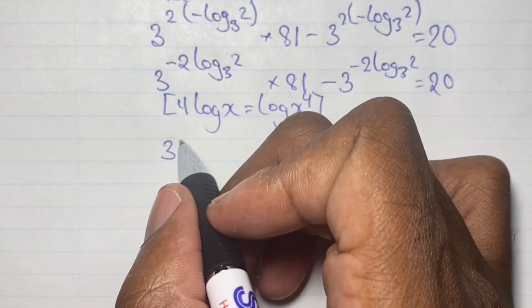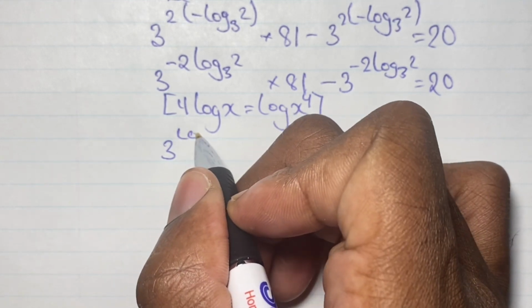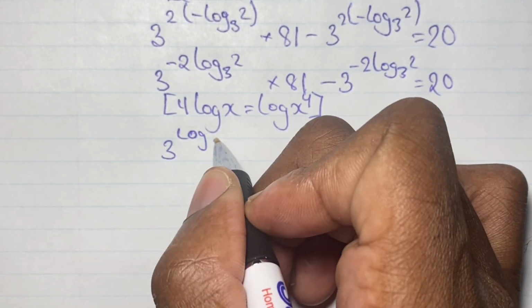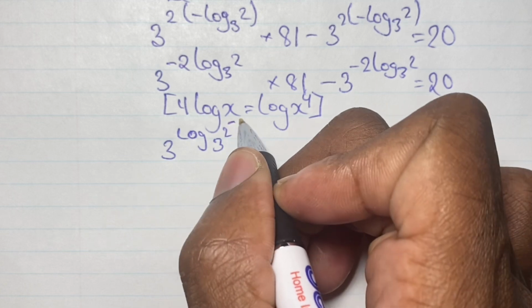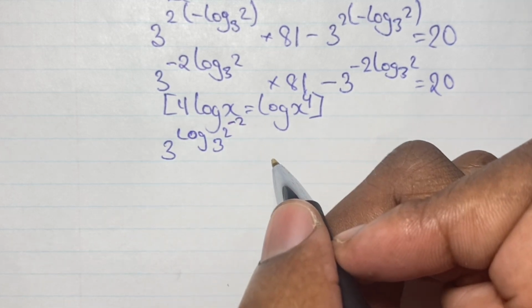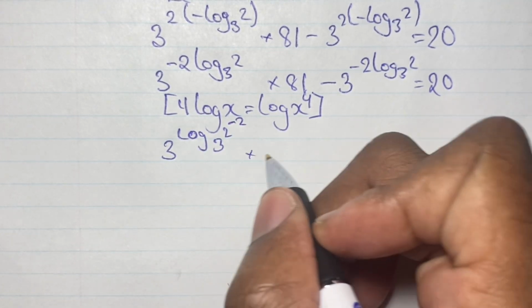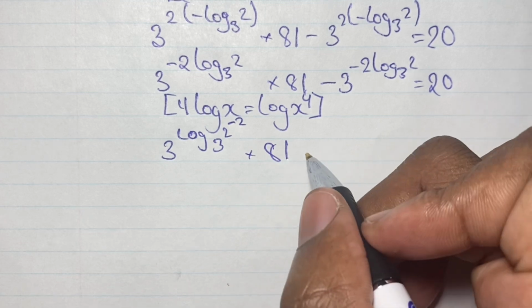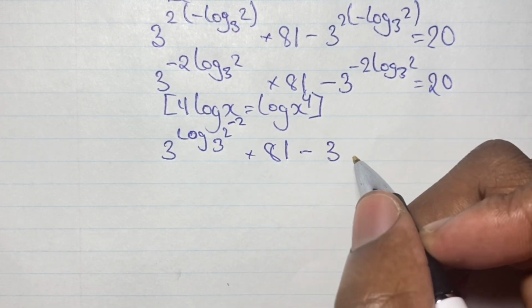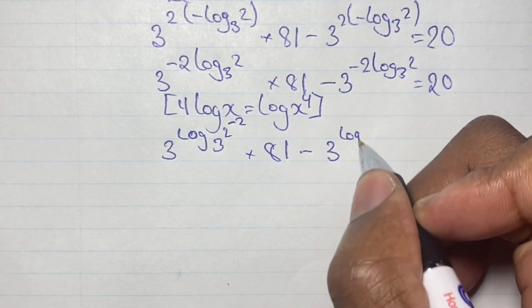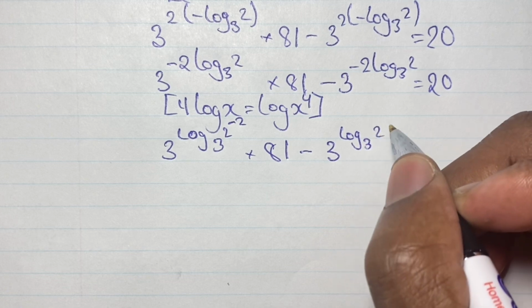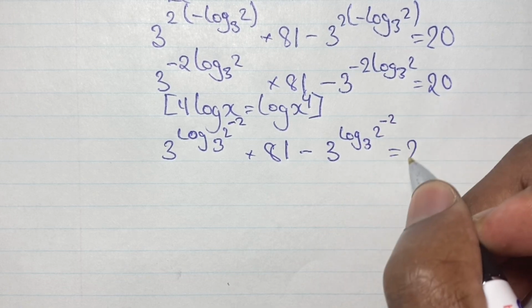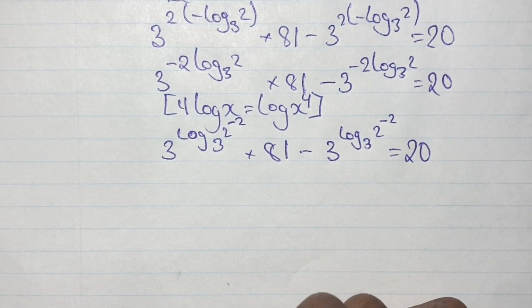So then, in applying this rule here, we would therefore have our equation being written as 3 to the power of log base 3 of 2 to the power of negative 2, then times 81 minus 3 to the power of log base 3 of 2 to the power of negative 2. And we say again all of that's equal to 20.